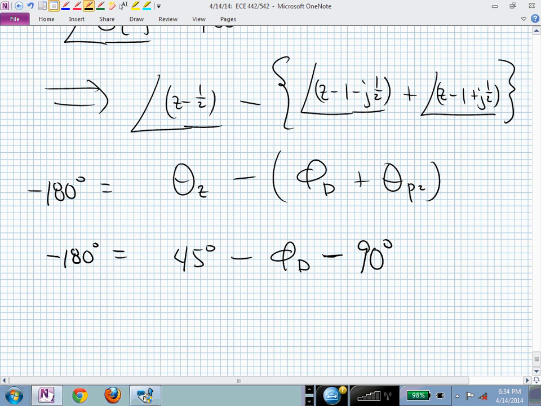And now I can solve for the departure angle, phi sub d. Phi sub d is now 180 plus 45 minus 90 degrees. Is that right? So now I have 180 minus 45, or 135 degrees.